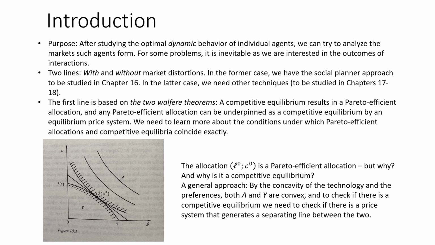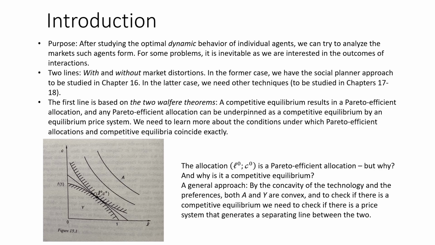So it is a Pareto-efficient allocation, and there is a line between the two sets, which can be regarded as a budget line. But you know, a budget line always defines a price system, a price ratio in this case. So there is a price system which can be regarded as an equilibrium price system. This is just an informal, quick demonstration.